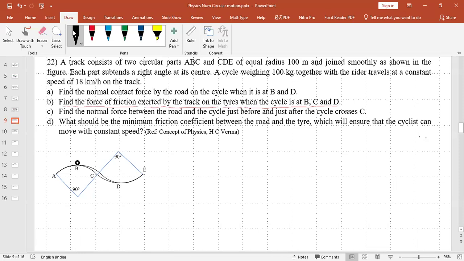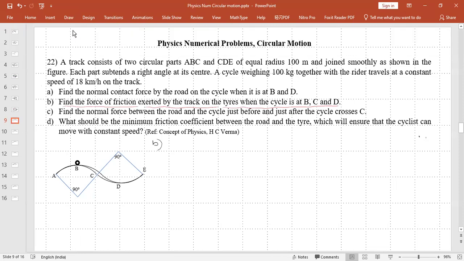First, let us consider condition B. What happens at B? By the question, the speed is constant and horizontal.